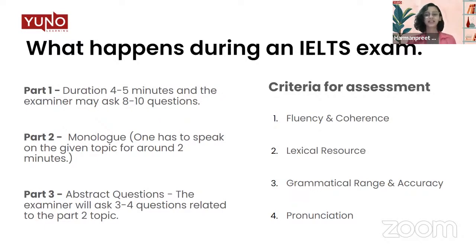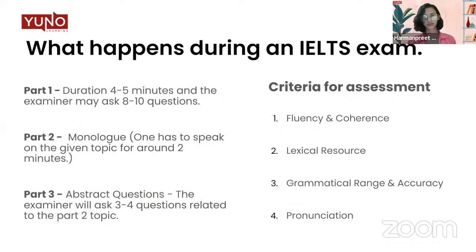Number 3, grammatical range and accuracy. Now, what is grammatical range and what is grammatical accuracy? We all know that grammatical accuracy is how correct your tenses are, how correct your grammar, your punctuation, everything is. But when we talk about grammatical range, that includes your tenses. So do not get stuck on one particular kind of tense. Use all kinds of tenses.